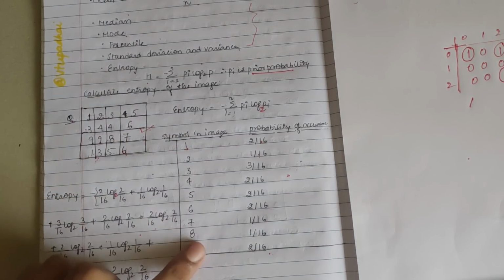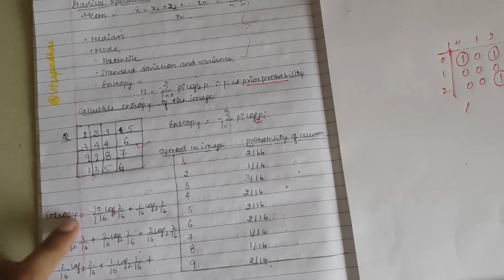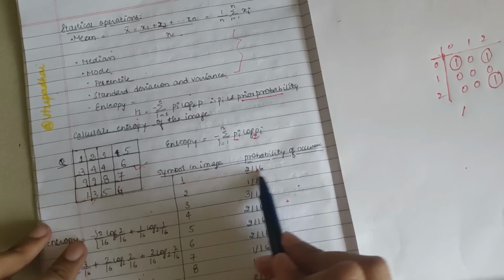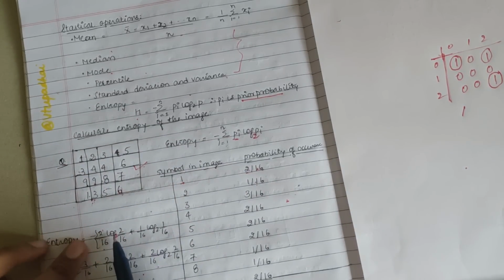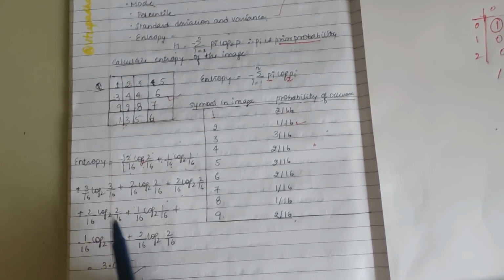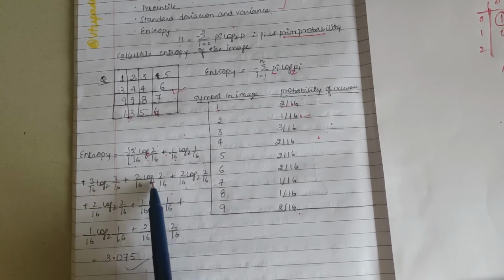Then, once you finish this, you have to find the entropy. Entropy will be minus of the sum: 2 by 16 times log base 2 of 2 by 16, plus 1 by 16 log 2 of 1 by 16, plus 3 by 16 log 2 of 3 by 16, plus 2 by 16 log base 2 of 2 by 16.